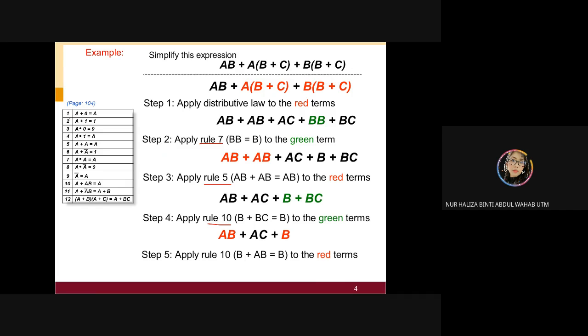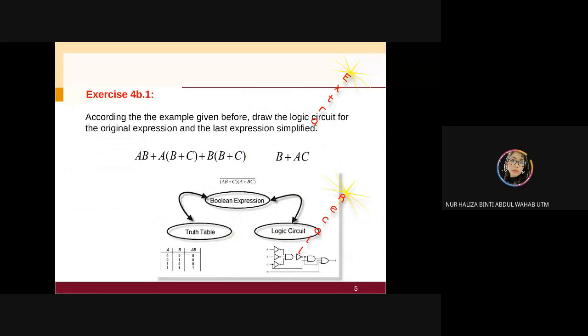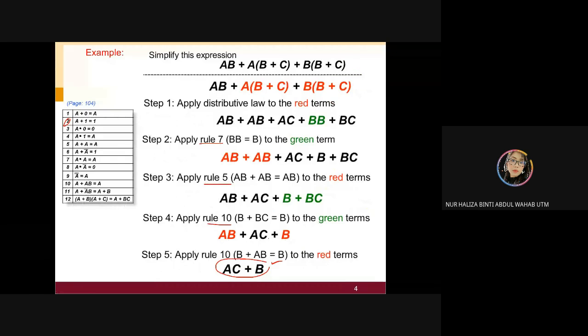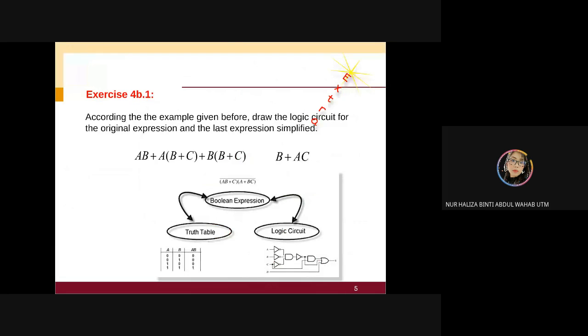Some of you are using rule number 2. It depends on you as long as you can finally simplify the Boolean expression. So now you don't know the final answer, right? You don't know whether your answer is correct or not. Later you are going to learn on K-map, but we're not going to look at it today.